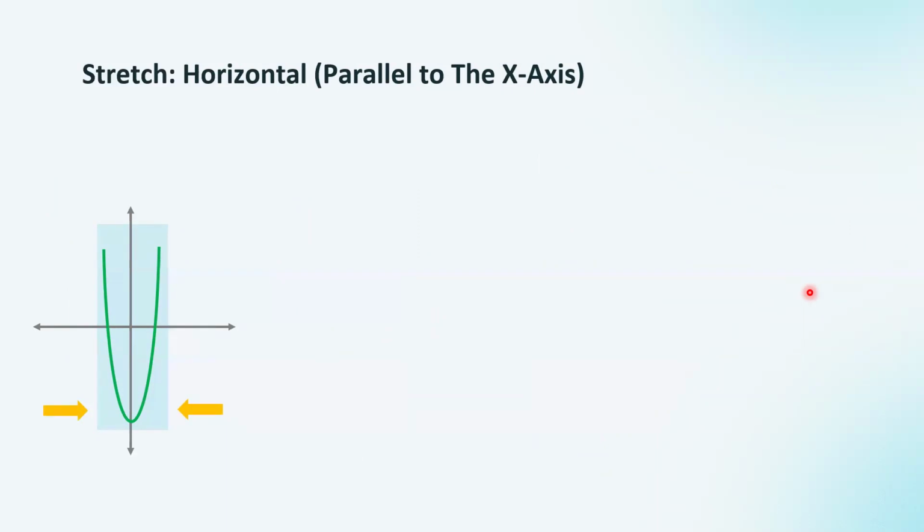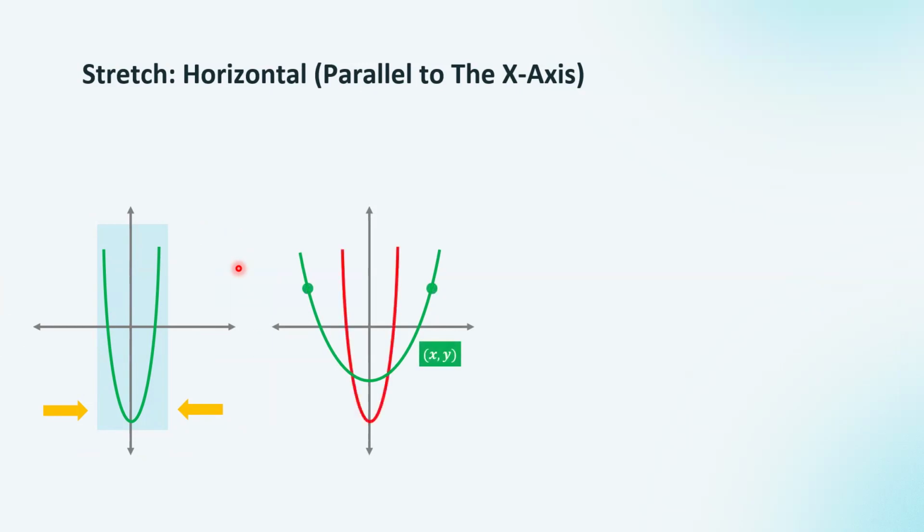Because as you can remember, if we try to do something with the x, it's going to be the opposite, okay? So now you will be able to imagine why I try to give you an illustration of compression rather than stretch.